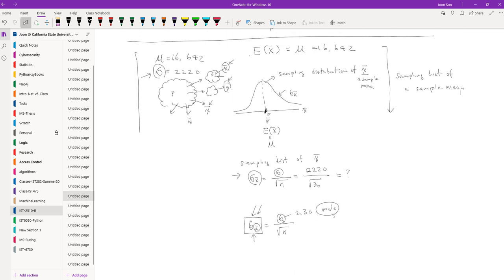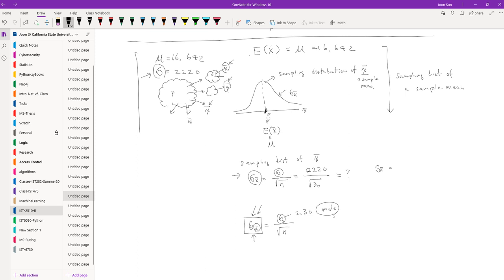Before I move to the next questions, I want you to know another notation, which I discussed in my lecture: s x bar. It has the same name, the standard deviation of a sample mean.